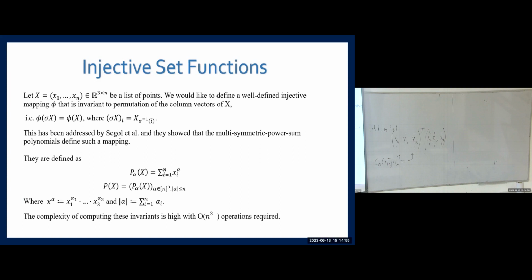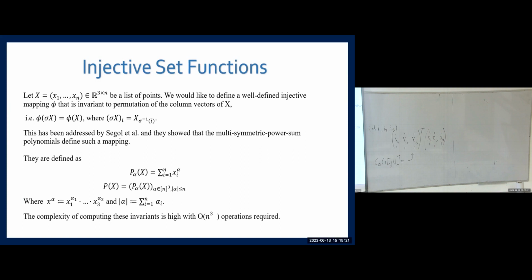So how are these defined? What we do is a summation element-wise, where x_i is in R^3. We iterate over all of the multi-indices of points such that the sum of the multi-indices is less than n.